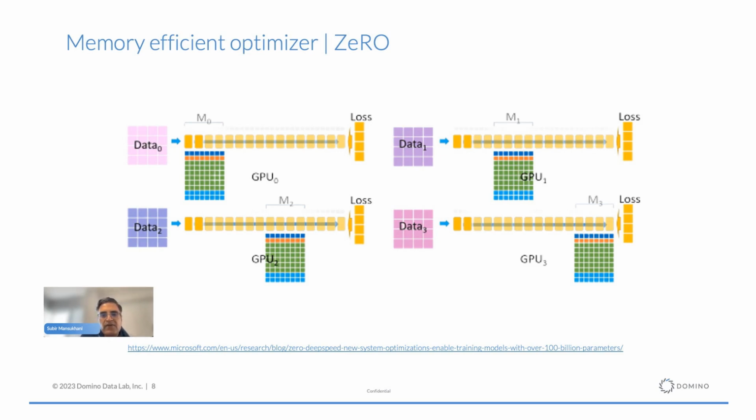At the end of all the forward and backward passes on each of these devices, the activations are synchronized across all the 4 devices. So at the end of one forward and backward pass, each device will have one copy of this entire blue line. So it's not going to have just one segment of this blue line.